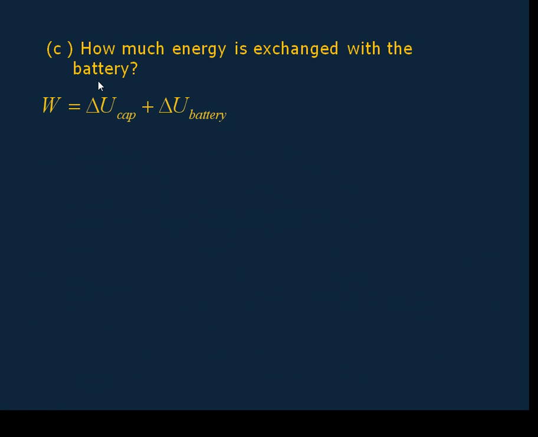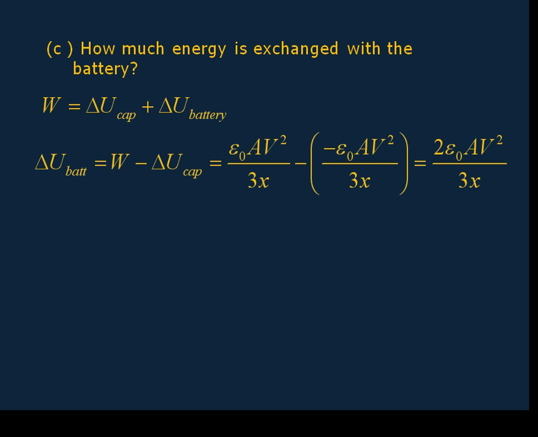For the energy exchange with the battery, of course, the energy conservation theorem has to hold good. So you have the total work done equals the change in the potential energy of the capacitor plus the potential energy of the battery. And therefore, you can calculate what the change in the potential energy of the battery is. That's just W minus the change in the potential energy of the capacitor.